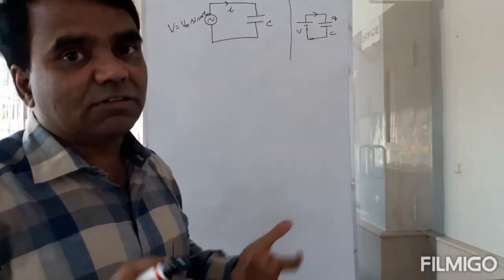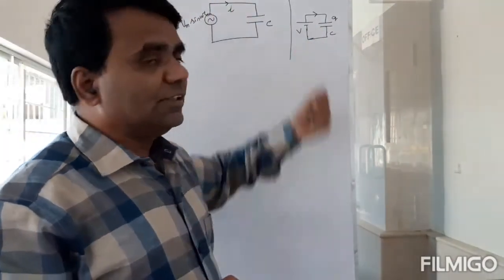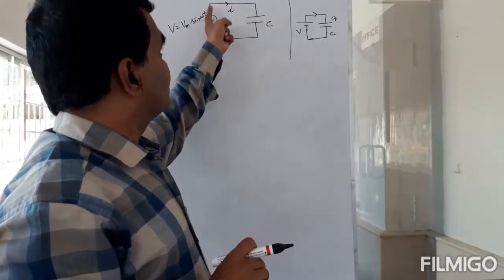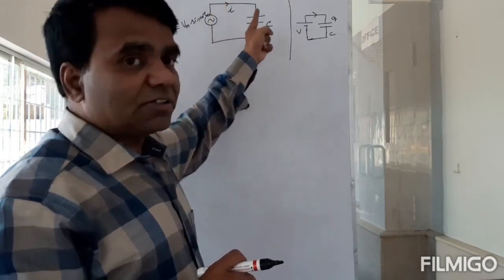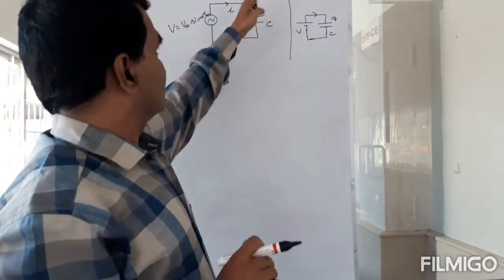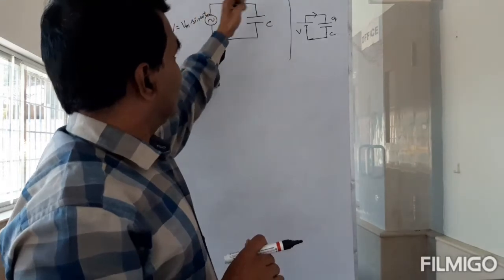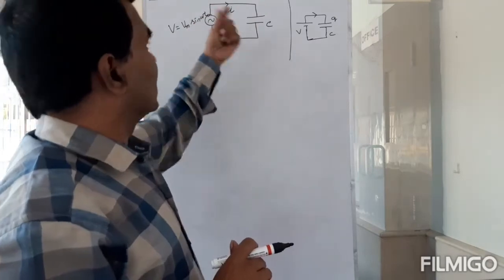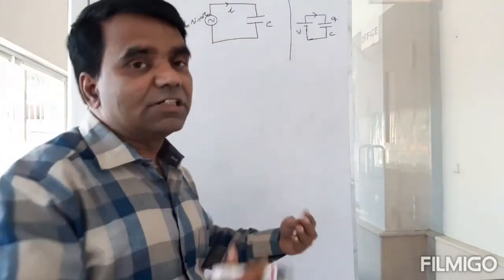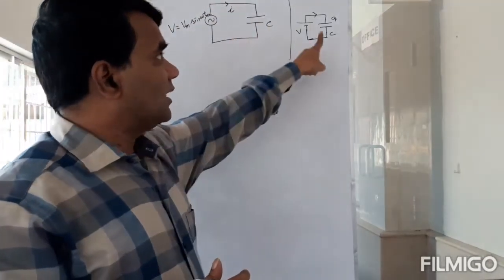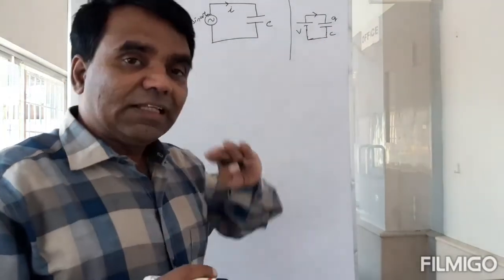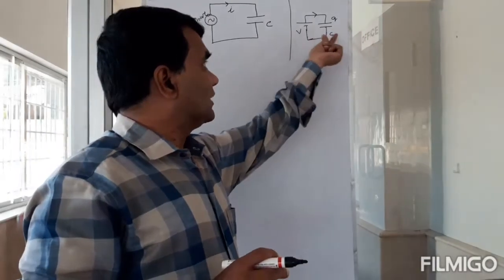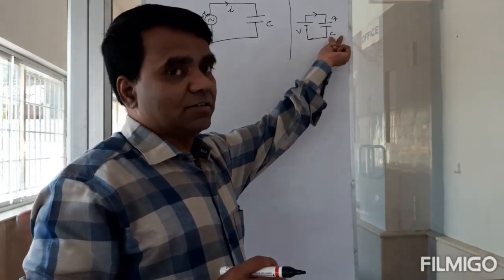But in AC, that is not the case. The voltage is constantly changing. So as it is constantly changing, the current would also be constantly changing. So you will charge, discharge, charge, discharge, and this activity will keep on happening. So a regular current will be flowing all the time, unlike the DC, where the current starts to flow and then stops after you have reached the applied voltage across the capacitor.